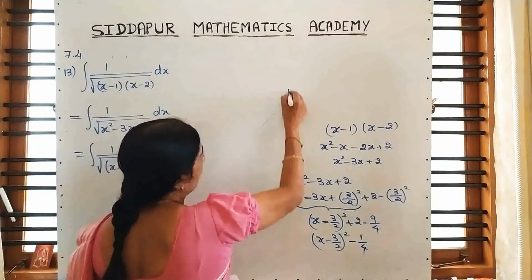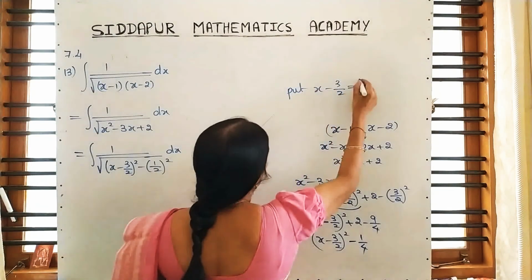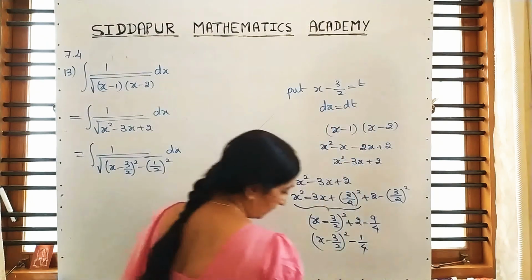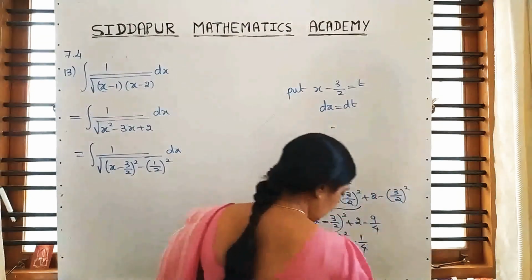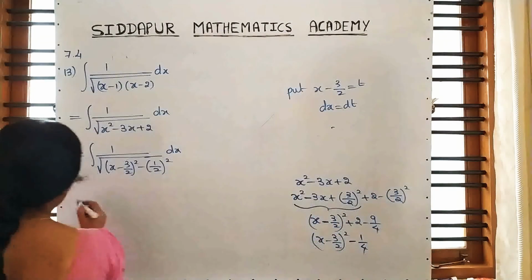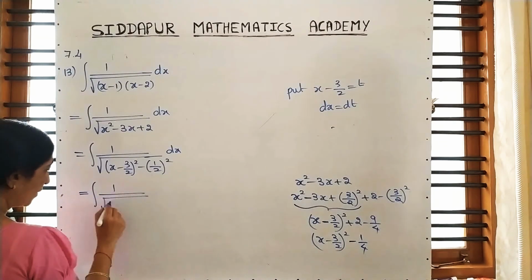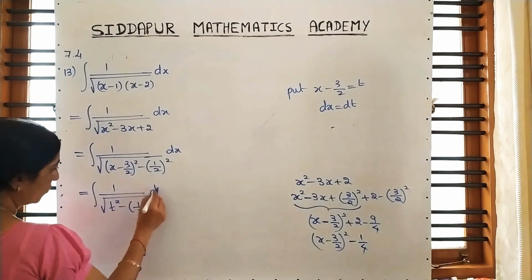And for our convenience, we are writing x minus 3 by 2 as t. dx is dt. So it is 1 upon root of t square minus (1 by 2) whole square dt.